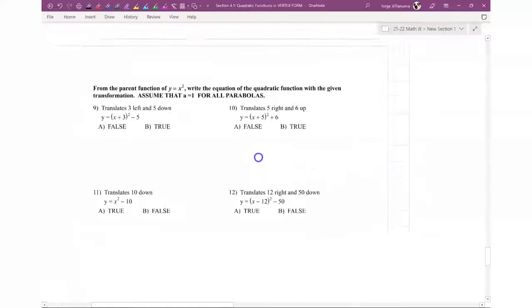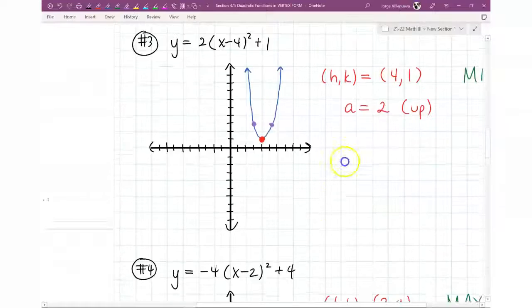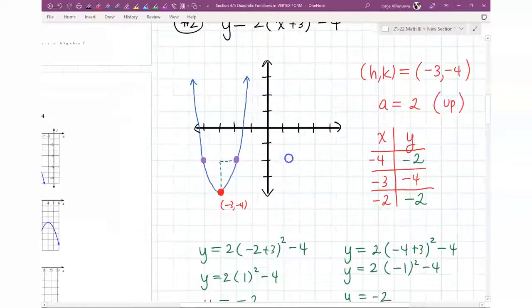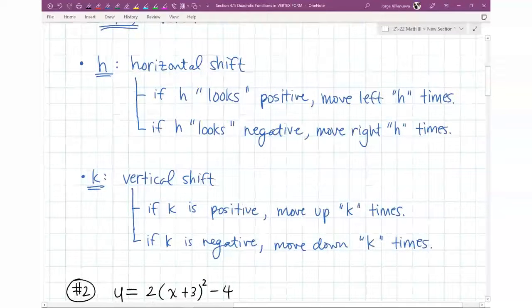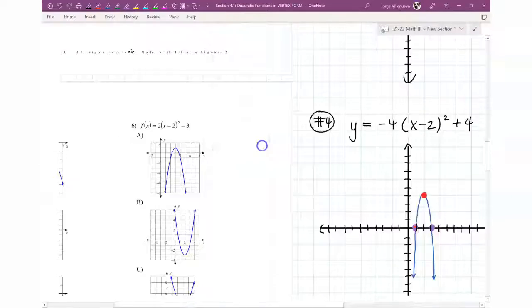Let me just remind you. For horizontal movement, to move right, it has to look negative. Look at my problem number 10.